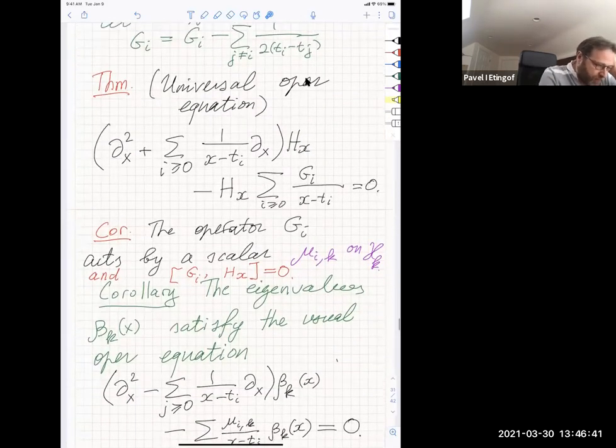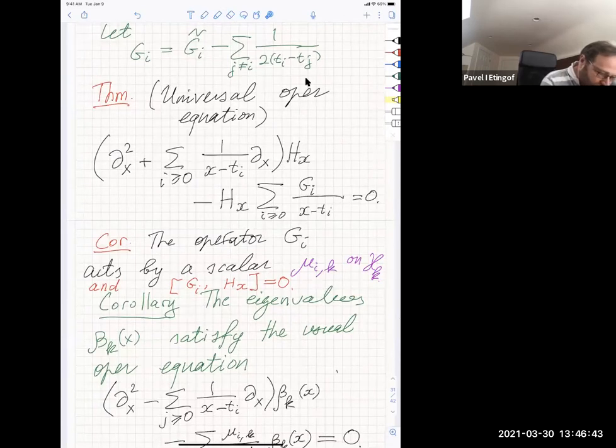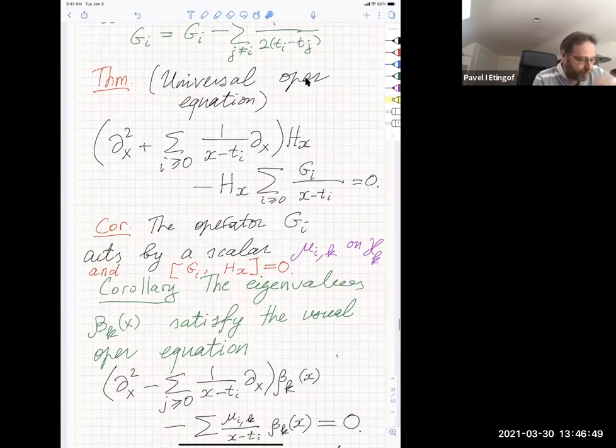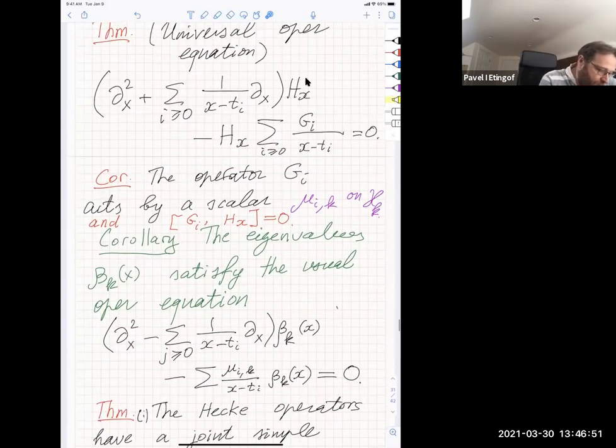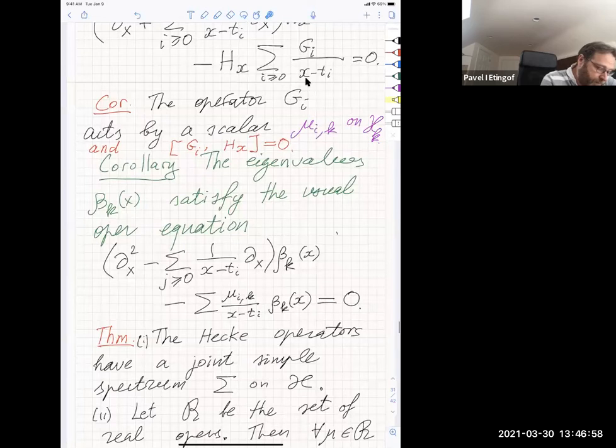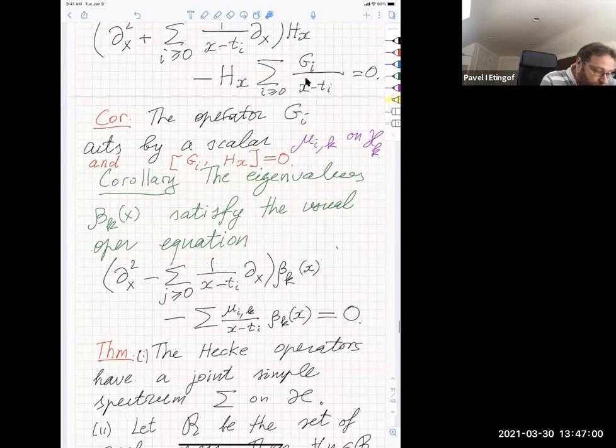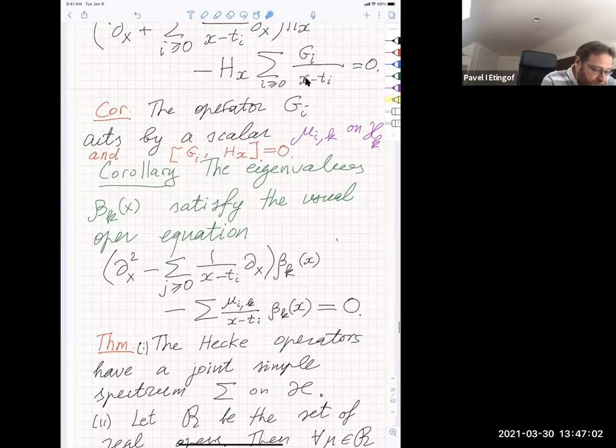And then this universal Oper equation can be specialized to get an equation for the eigenvalues beta k of x of our Hecke operators. So they will satisfy the ordinary Oper equation, which is this Fuchsian differential equation here. And so what is this thing?